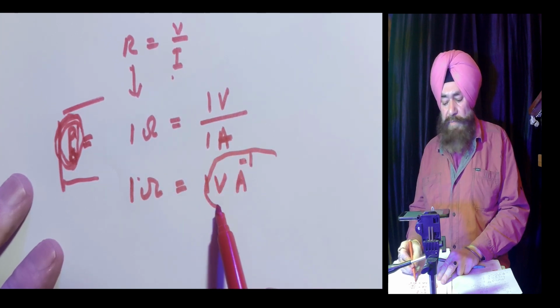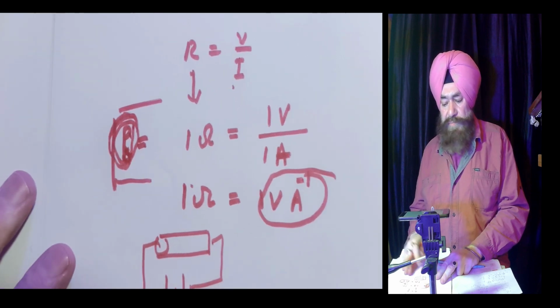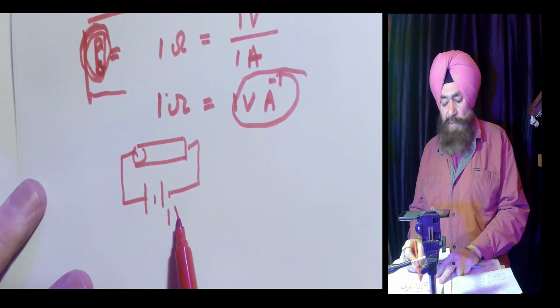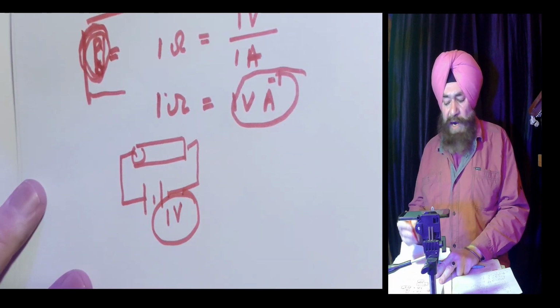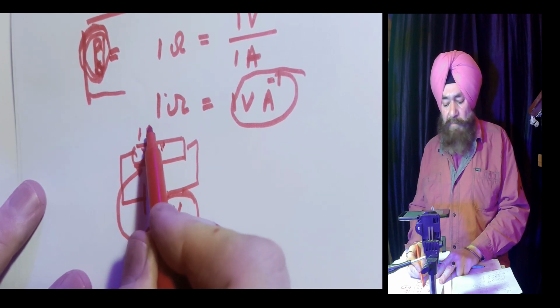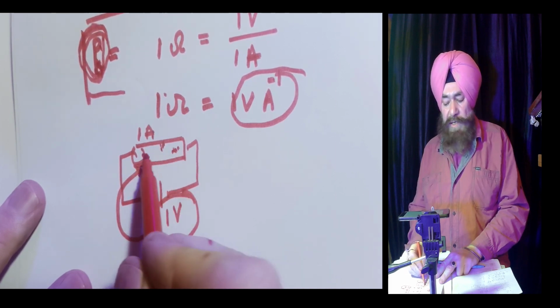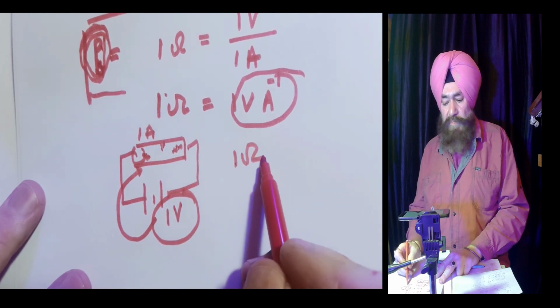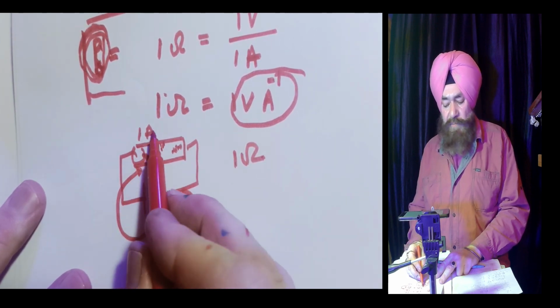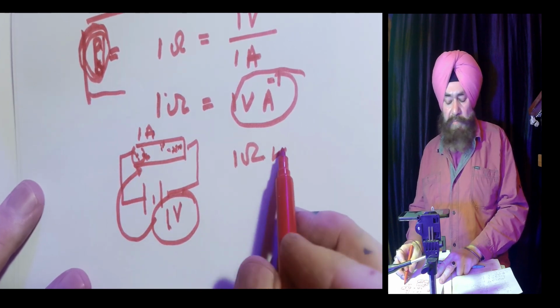I mean to say, if you are having a conductor and if you have applied 1 volt potential difference, if that potential difference makes a current of 1 ampere, then the resistance of this conductor is said to be 1 ohm. If 1 volt makes 1 ampere current, then the resistance is said to be 1 ohm.